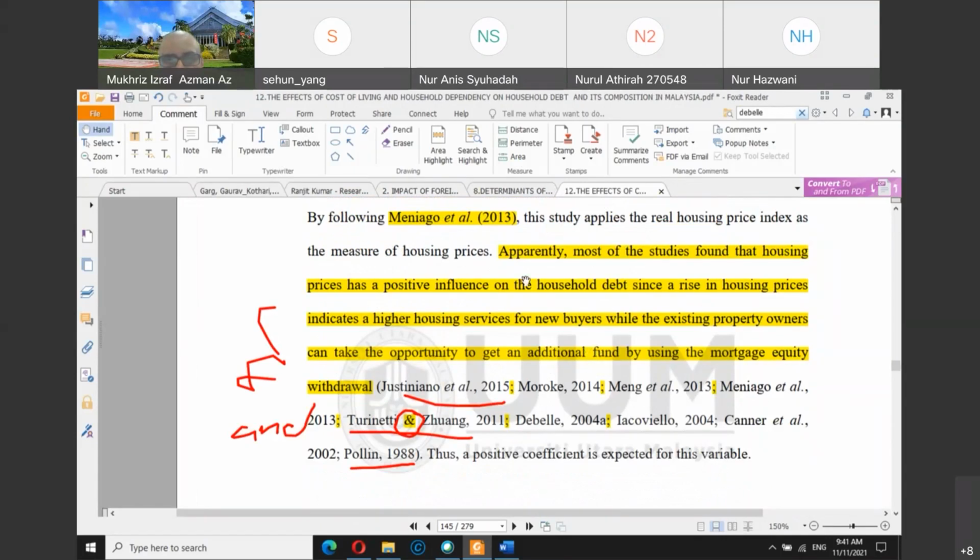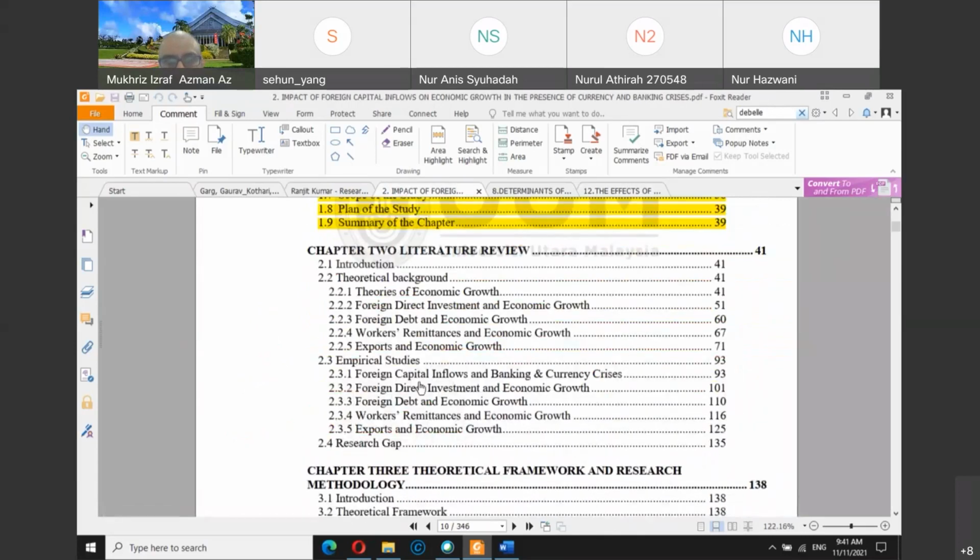You have arranged the summary of the articles according to the topic, especially the questions that you want to ask. At least you have covered as many articles as possible related to your issue. But of course, in your undergraduate project, I expect your literature review maybe 10 to 15 pages long should be sufficient.